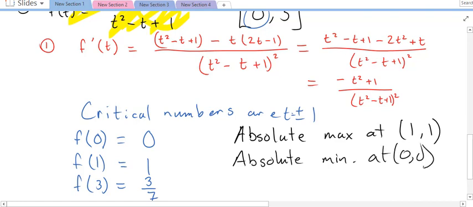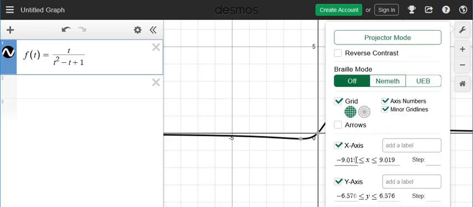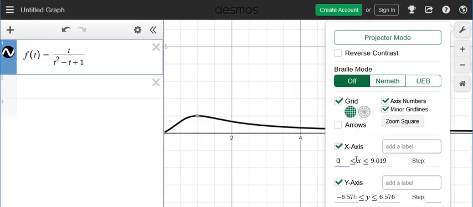And let's go ahead and check this against Desmos. So as we look here, this is what the graph looks like, but we are only really interested in the interval from 0 to 3. So let's zoom in there and look at that.